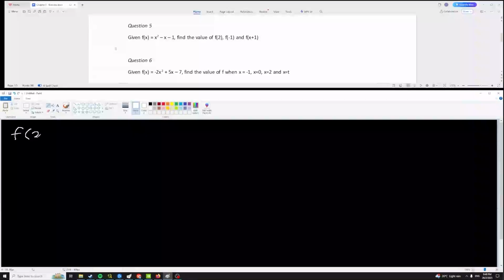Okay, if x is 2, 2 to the power 2 minus 2 plus 1 equals 4 minus 3 equals 1. Okay, next one is x equals negative 1.